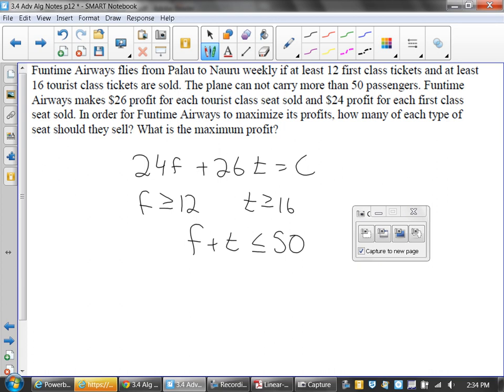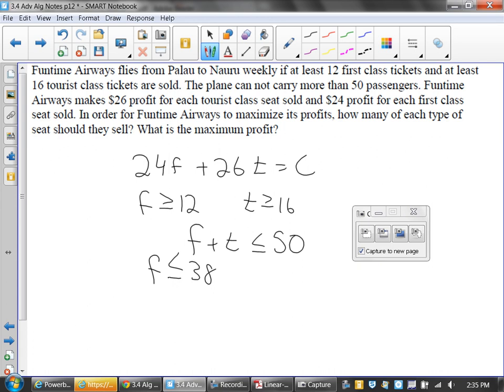Well, if you're starting with 12 first class people on the plane, how many more can you add to it before you have too many people? How many? 38. So if all 12 people get on the plane in first class, there's only 38 seats left for them also to occupy. Do you agree? So that means that you're bounded between 12 and 38.